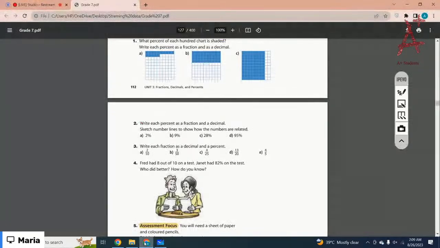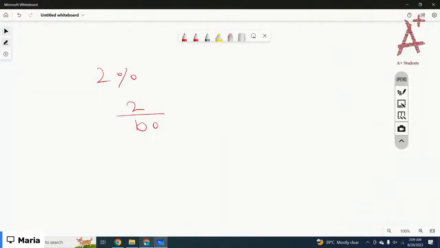And the decimal portion, right? You have to represent it in the decimal form also. So when you divide 2 by 100, it would be 0.02, right?